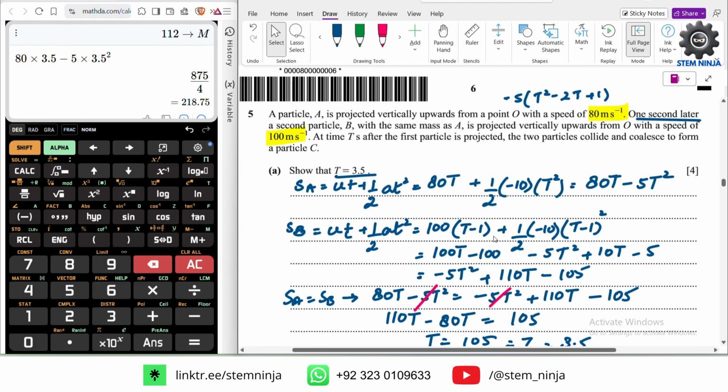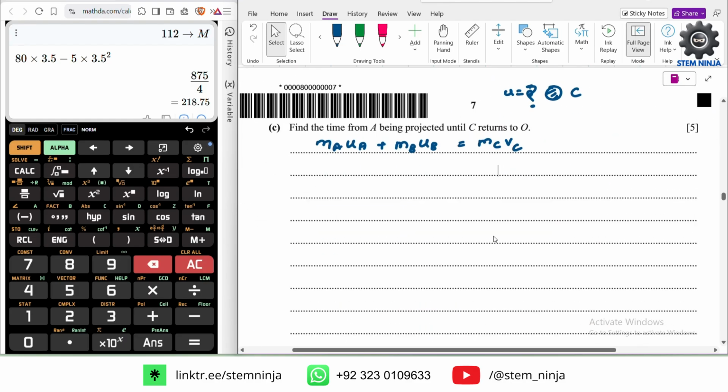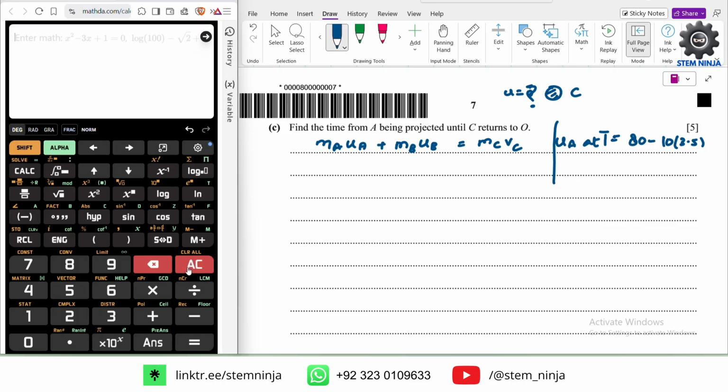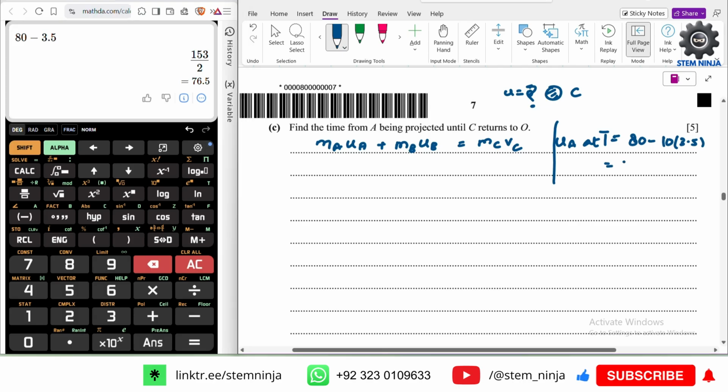Do we know the velocity at time t? We need to figure out what the velocity at time t is. So UA at t is 80 minus g times 3.5, 80 minus 35, which is 45.